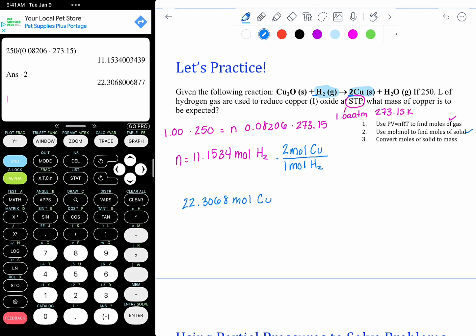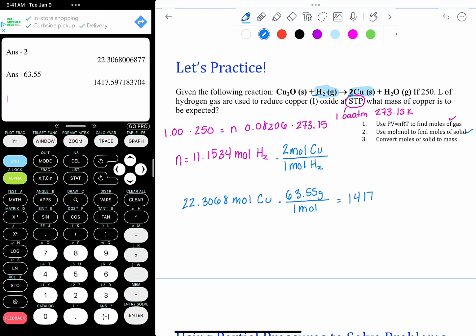Our final step is to convert moles of solid to mass. And since we're just looking at copper solid, it's just going to be the molar mass of copper from the periodic table. So we're going to multiply this by 63.55 grams in 1 mole. So we get out 1,417.59 grams of copper.